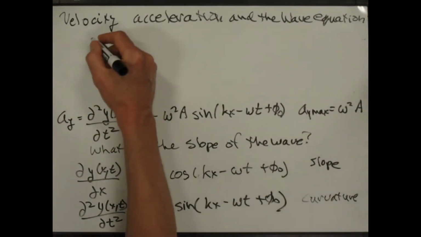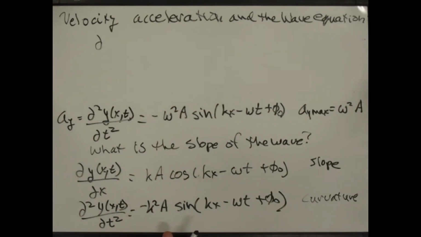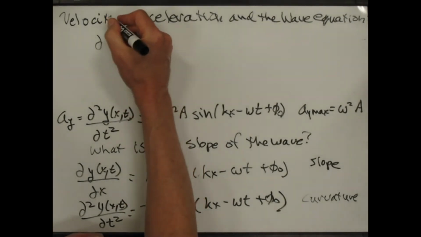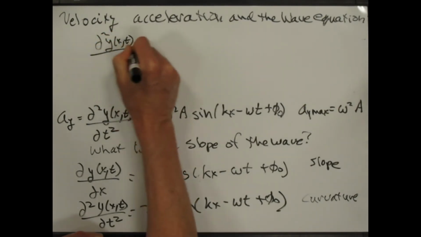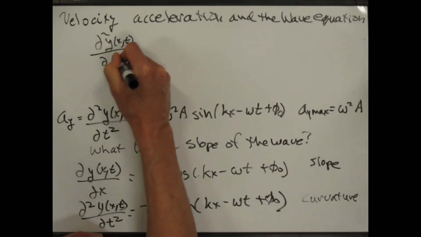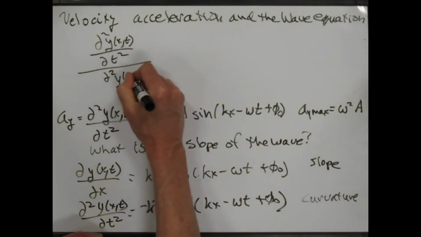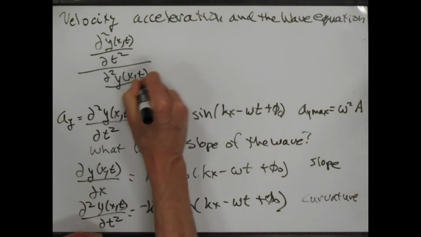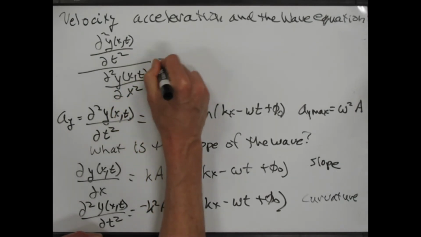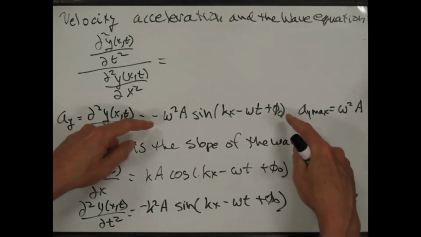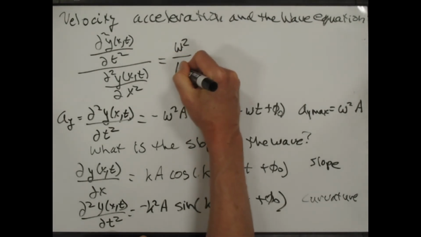I can say, look, if I take the ratio of this one to this one, it's just omega squared over k squared.